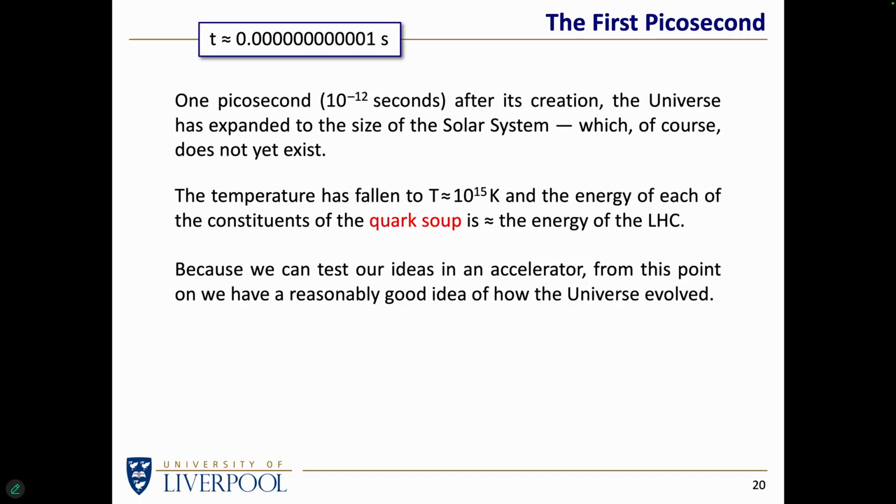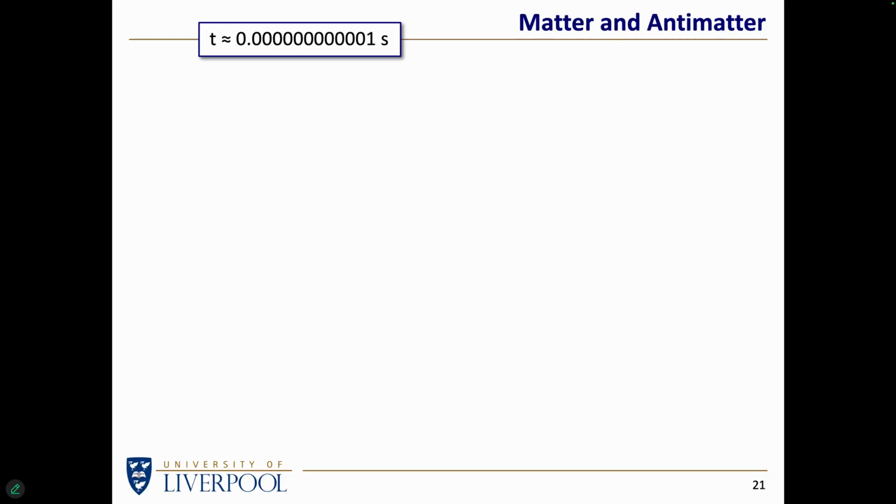If we can test our ideas, then we get a good idea of whether our ideas are right or wrong. Prior to this point, it was speculation. From this point onwards, the ideas are testable. We can have an hypothesis, we can do an experiment, we can see if we're right or not.